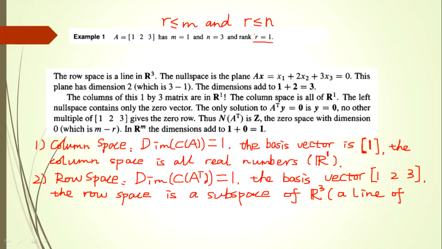Which line? The line passing through this vector 1, 2, 3. It's a multiple of this basis vector that gives the row space. Of course, it's a subspace of R3. That means it's a straight line in 3-dimensional space.